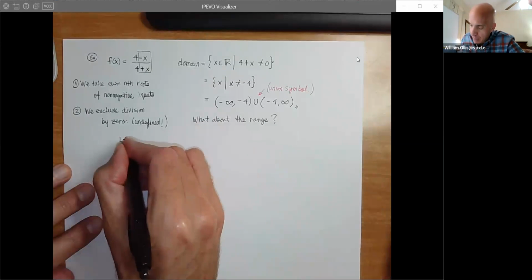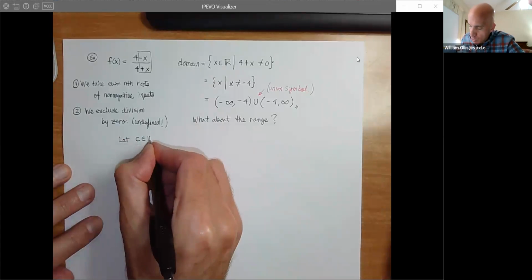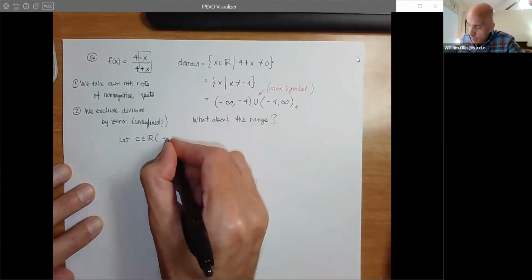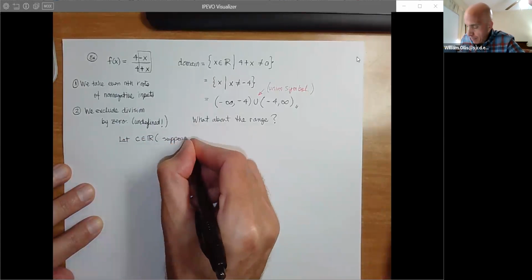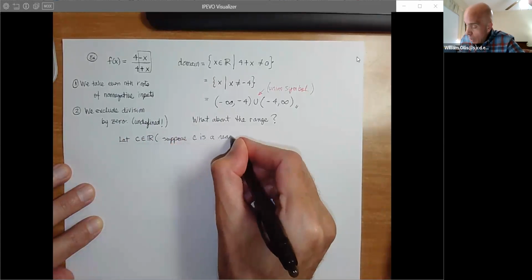So let's suppose that c is an output. Suppose c is a real output.